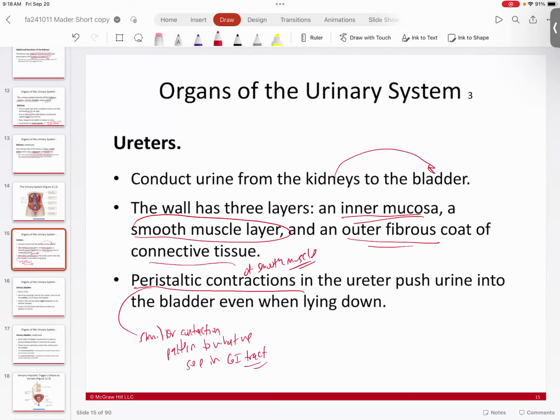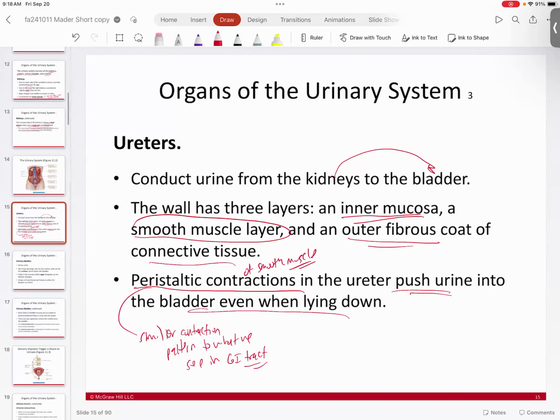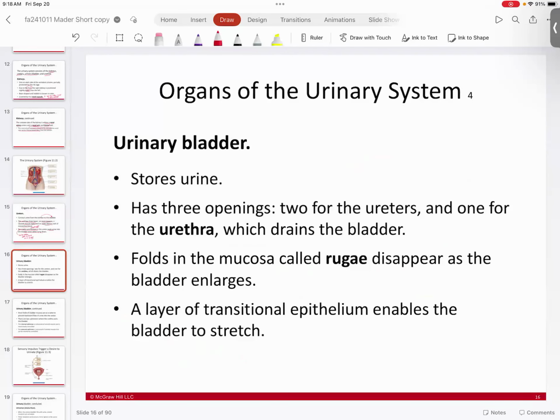In this case, instead of pushing a food bolus around, it's pushing the urine down the ureter and then eventually into the bladder. Very similar to the way your esophagus squeezes the food bolus into the stomach itself.